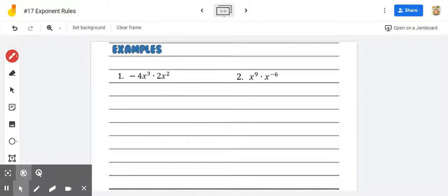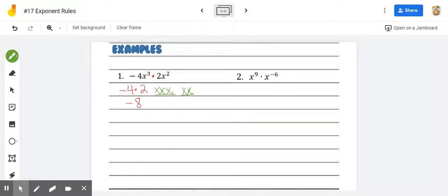So in example 1, I'm multiplying these two things together. So I'm going to take my negative 4 and multiply it to 2 to get negative 8. X cubed means x times x times x, 3 times. And x squared means x times x.